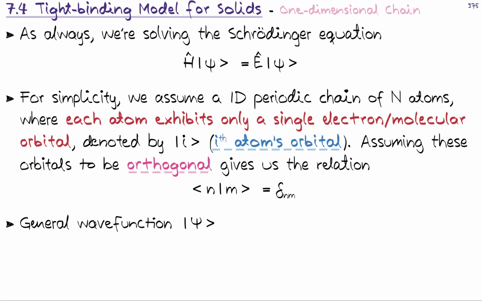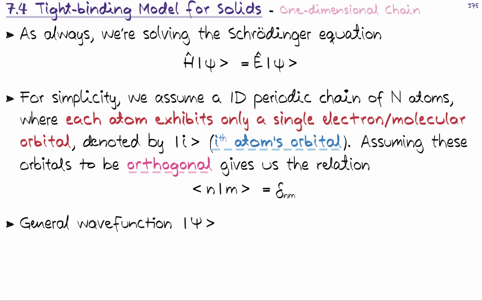In many systems, we have electrons of the order of Avogadro's number, so 10 to the power of 23. So needless to say, many times in practice, these wave functions would be insanely large if you tried to solve things rigorously.